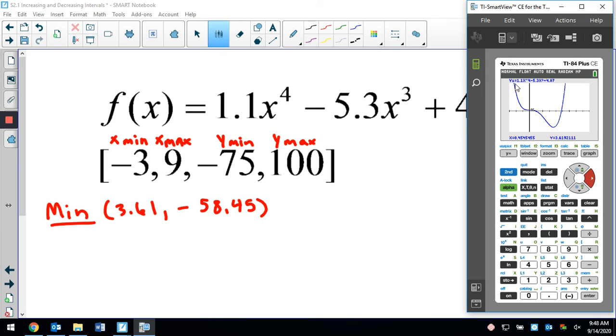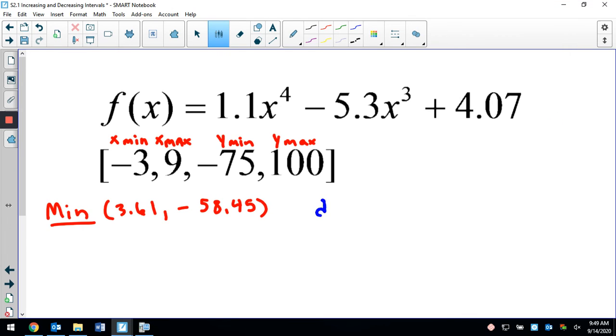It is decreasing all the way down this curve until it gets to the very bottom, and then it starts going back up. So for our intervals, we can say that it is decreasing from negative infinity to 3.61, and then we can say it's increasing from 3.61 to positive infinity, right?